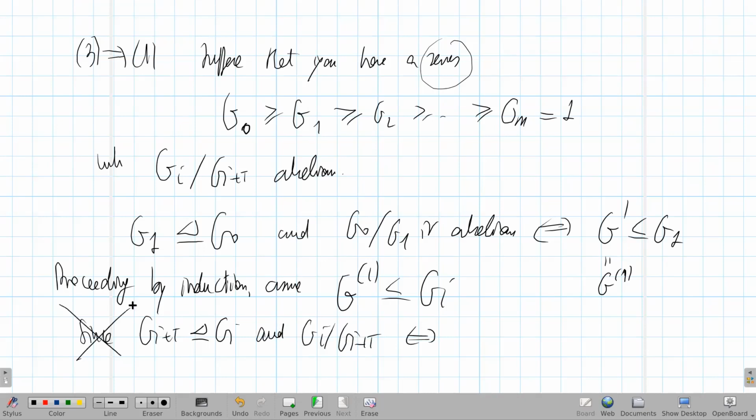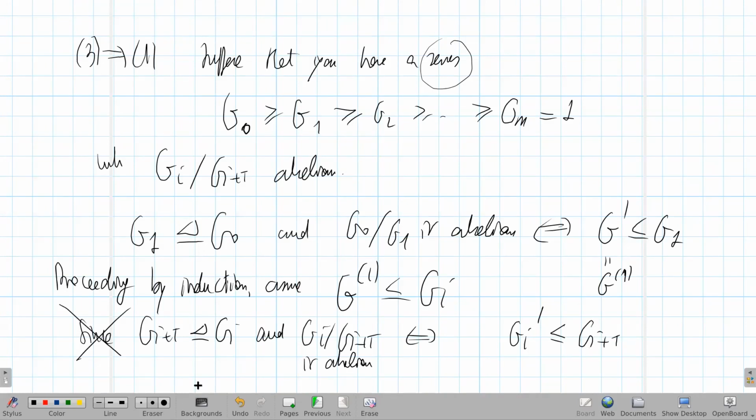The fact that Gi plus 1 is normal in Gi and the quotient is abelian, by definition of a series, I forgot to mention this, is equivalent to saying that Gi prime is contained in Gi plus 1, okay?